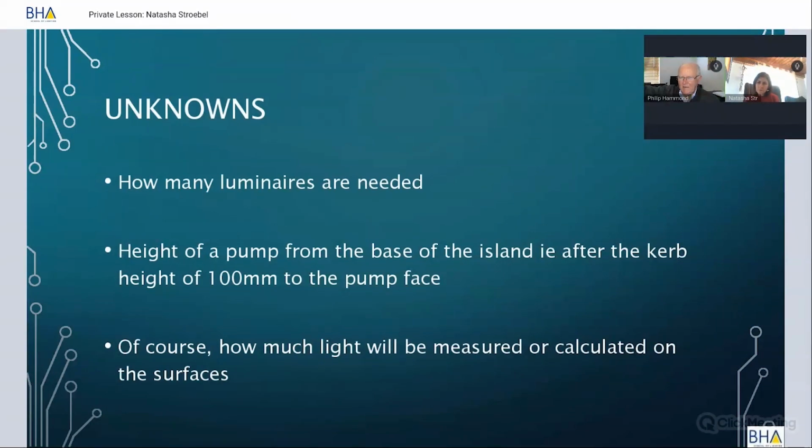Just go with the tape measure and measure it. Good exercise to do at your favorite garage where you fill up with petrol. So of course, how much light will be measured or calculated on the surfaces. So those are the things we've got to calculate.